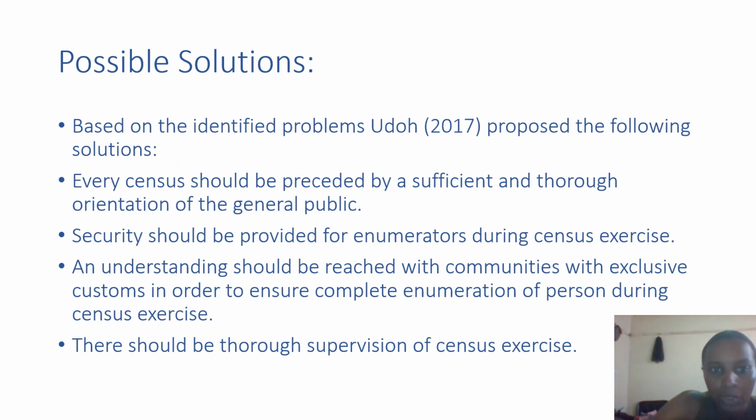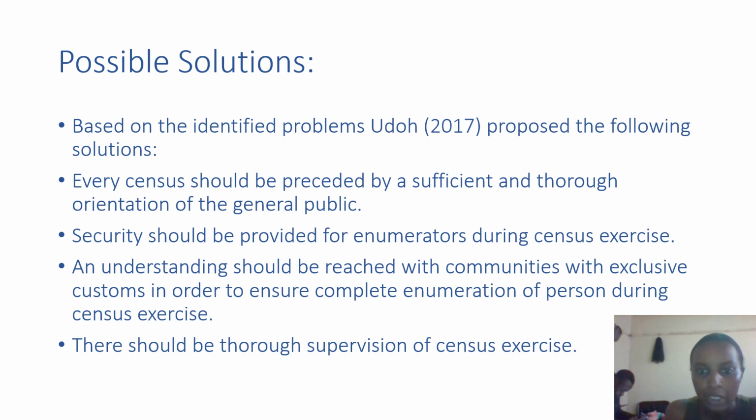We can look at the possible solutions to the problems encountered in educational planning, whereby, based on the identified problems proposed, the following solutions can be made. One, every census should be preceded by a sufficient and thorough orientation of the general public.